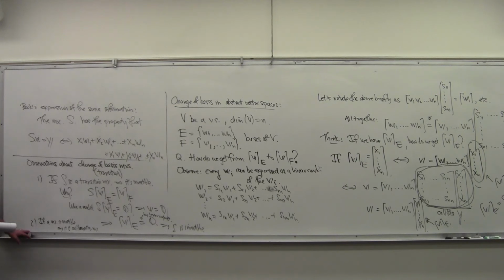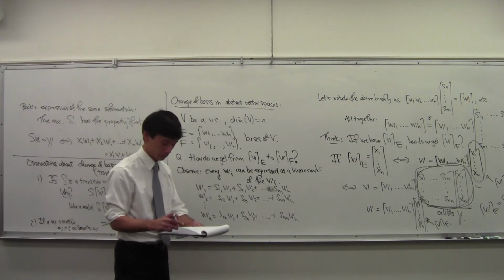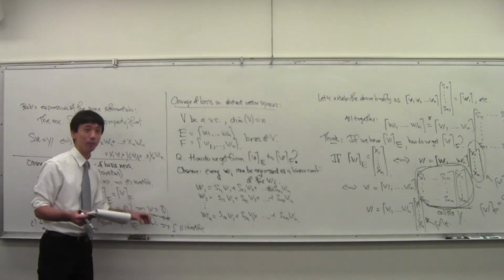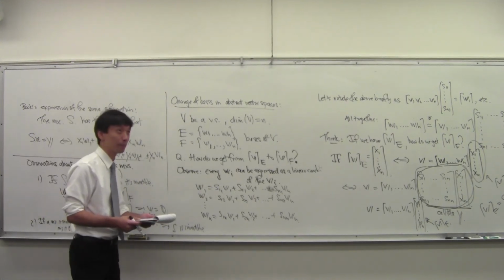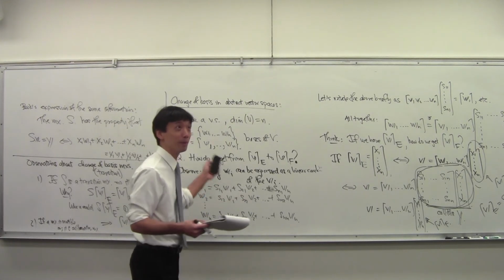But this gives you another way of thinking about these transition matrices. They're in fact all the invertible matrices. So transition matrices are just invertible matrices. Each invertible matrix is a change of basis matrix to some other basis.